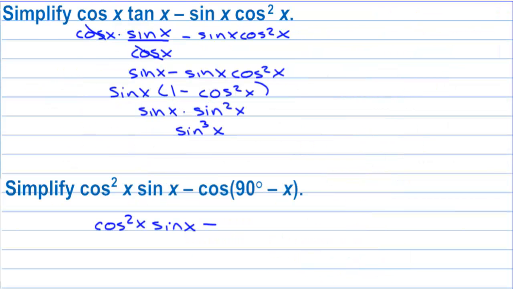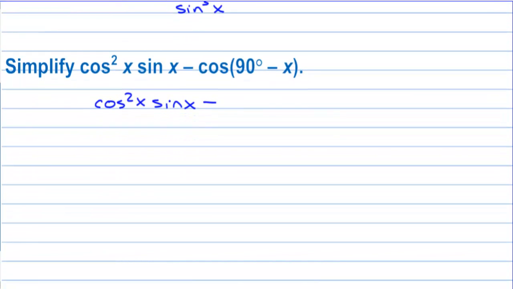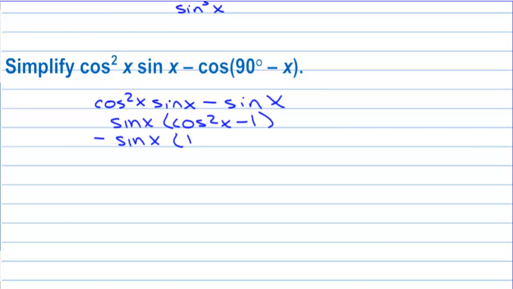We can change this part, the cosine of 90 minus x, into sine of x. That's the same thing. We can factor out a sine x, cosine squared x minus 1. We can take a negative out of this parentheses and write 1 minus cosine squared x. So we have negative sine of x times, we can change 1 minus cosine squared to sine squared, and we have negative sine to the third of x.